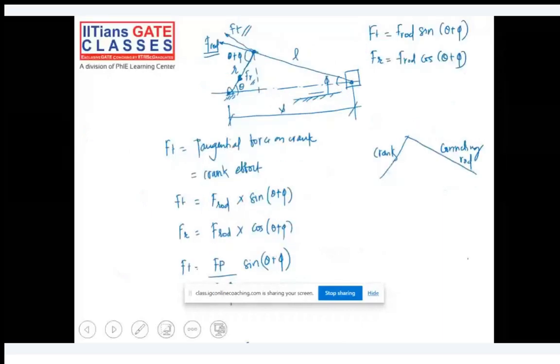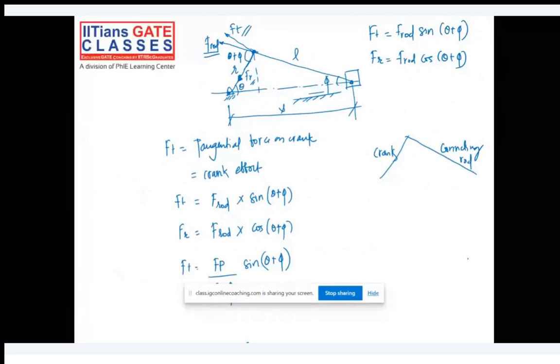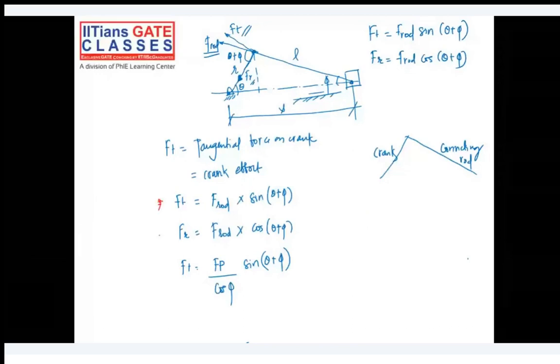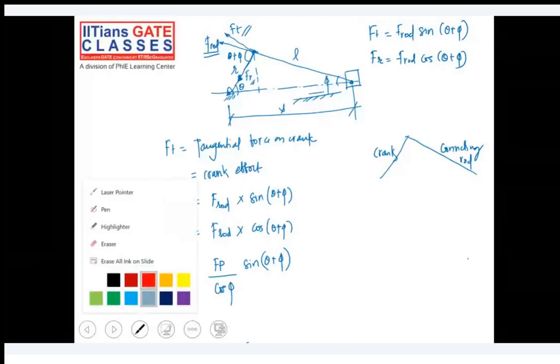Now coming towards the connection between the connecting rod and crank, I hope you understood how Ft and Fr are calculated.